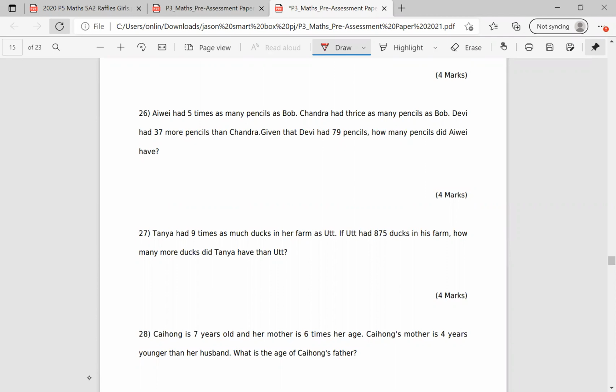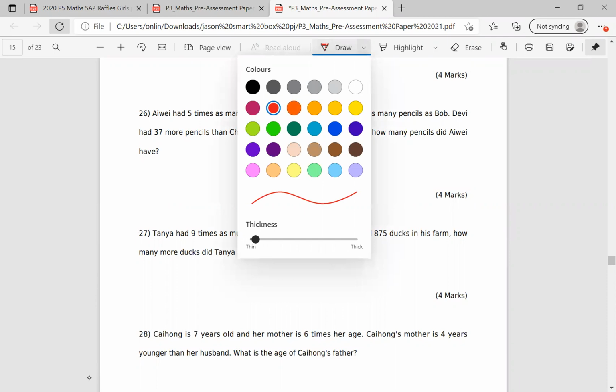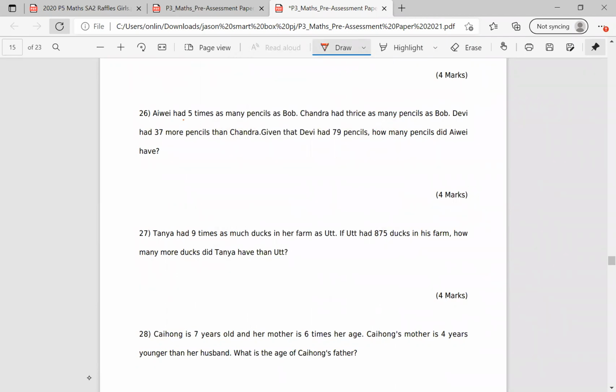So here, the next question that we have is question 26. Dimension say that Ai Wei has 5 times as many pencils as Bob. Chandra has twice as many pencils as Bob. Okay, so in this case, we have A, we have B, we have C, and we just realized that there's D as well.